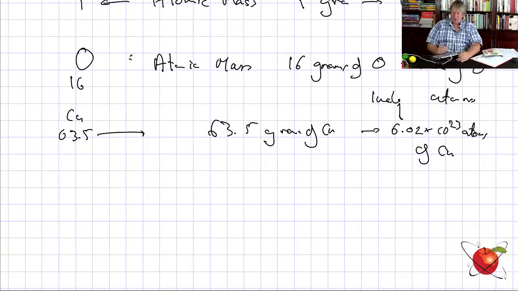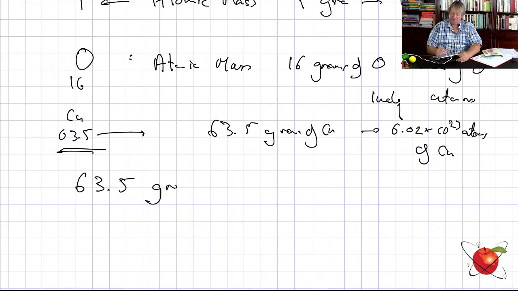So now we've identified this important thing. This atomic mass that we've got at the bottom here, that is measured in grams per mole, because 63.5 grams is 1 mole.